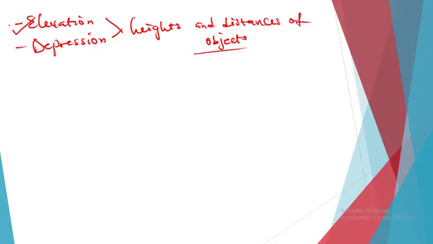Then in our next class we'll go over to angle of what? Depression. Now when we talk of angle of elevation, we talk of an object or a man trying to view something above him. Let's say this is a man trying to look at a 3-story building, especially the last floor.